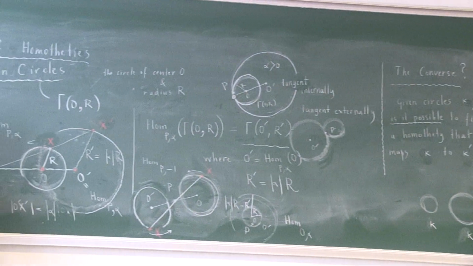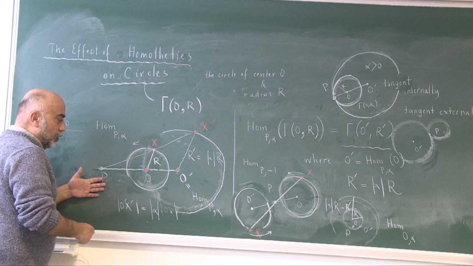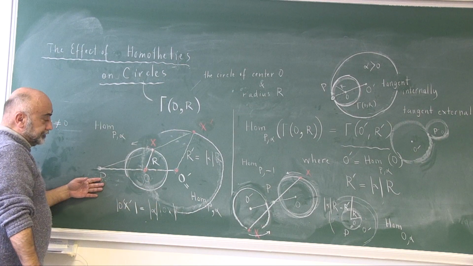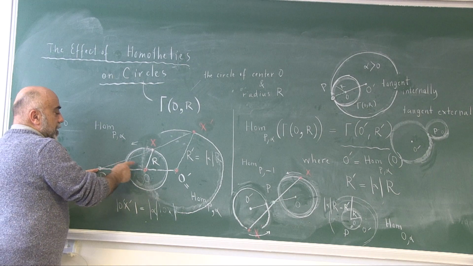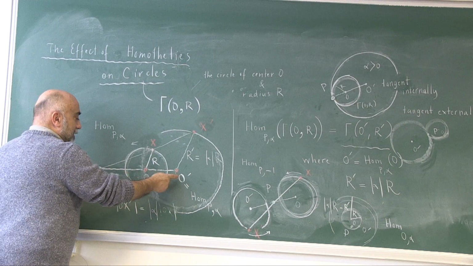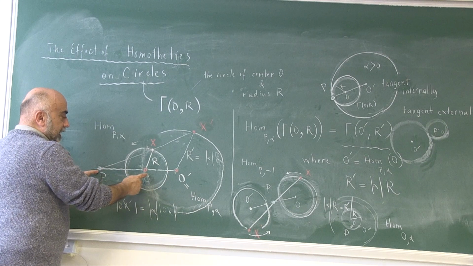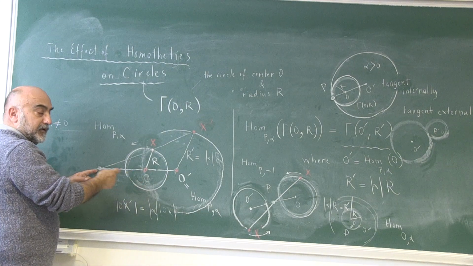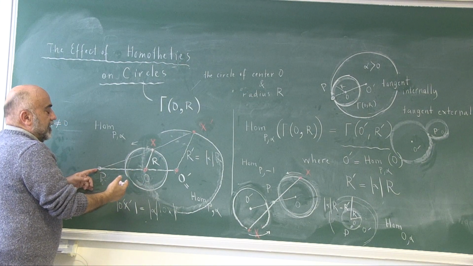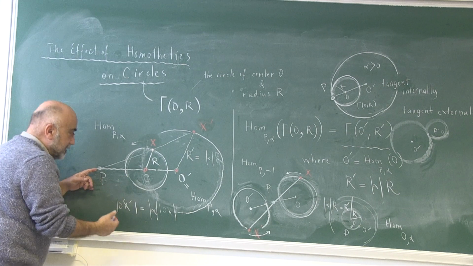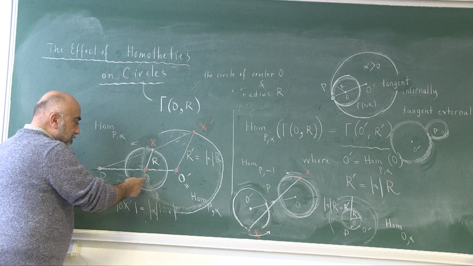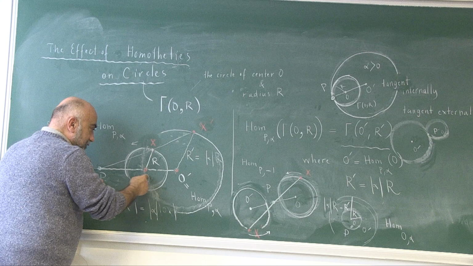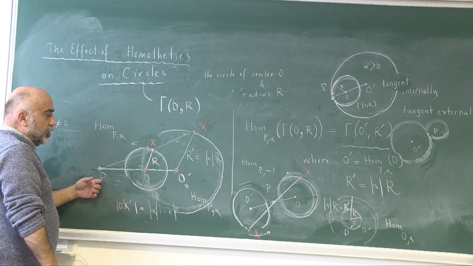If P is the center of homothetic, in a homothetic that sends O into O prime, well, the ratio of PO prime to PO as directed quantities is alpha. So it means that P is in fact the point that divides the line segment O O prime in the ratio 1 over alpha.